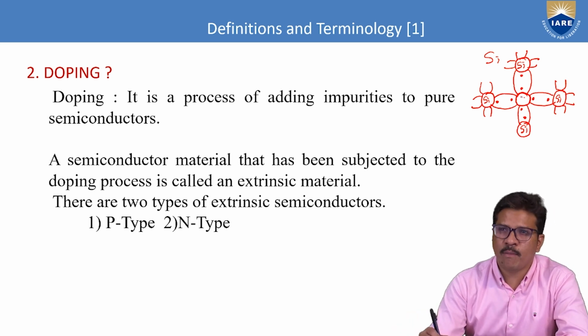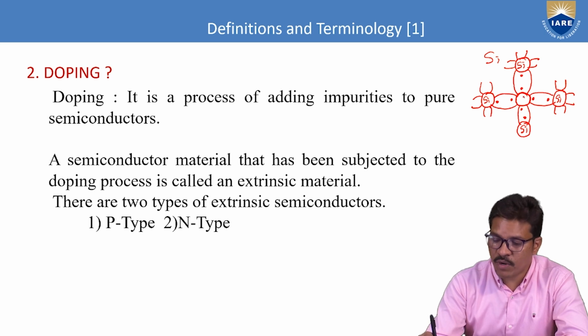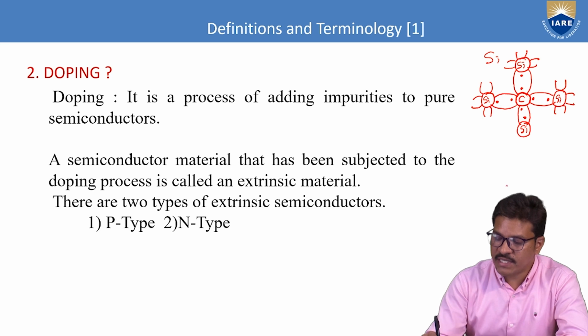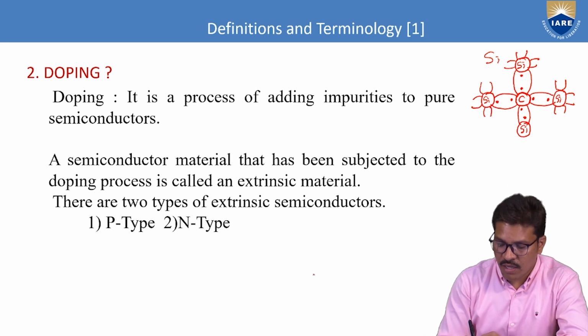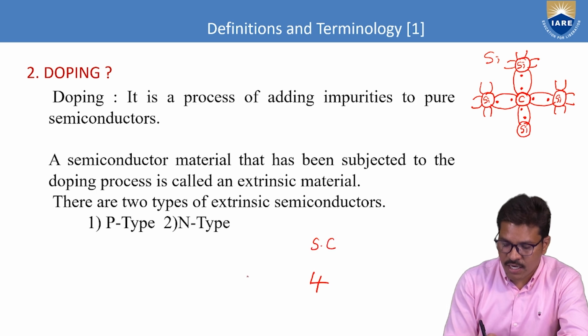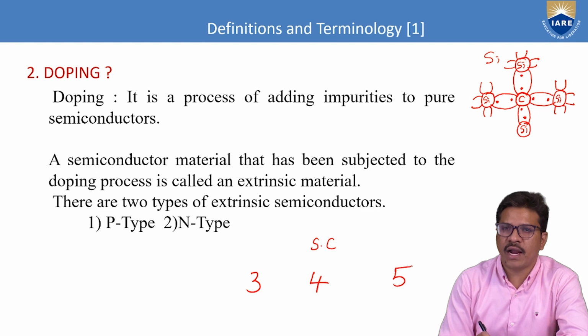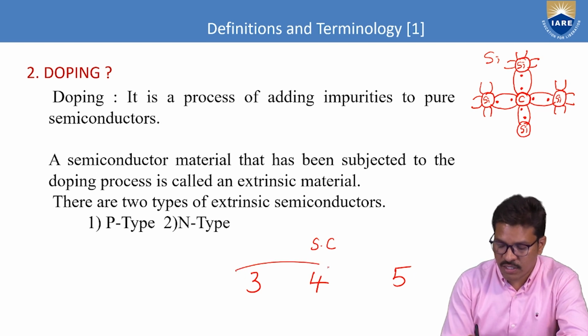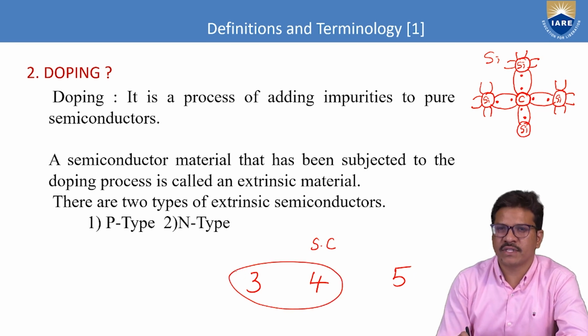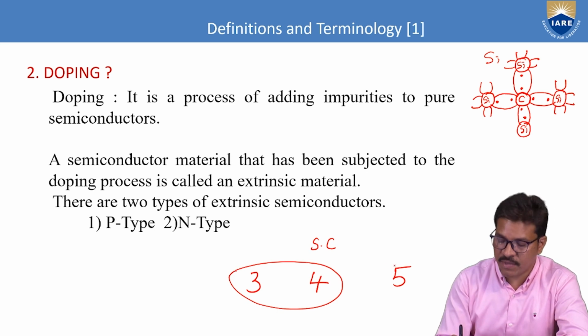The simple example shown in the figure is injecting trivalent atoms. Basically, we have semiconductors with 4 valence electrons, and adding trivalent atoms or pentavalent atoms to these 4 valence electron semiconductors makes it an extrinsic semiconductor.